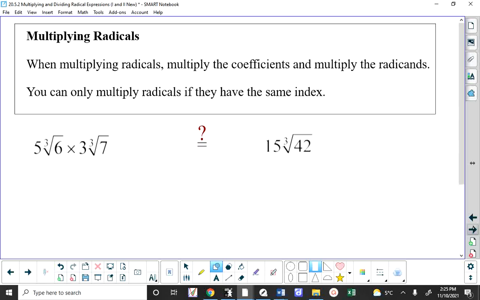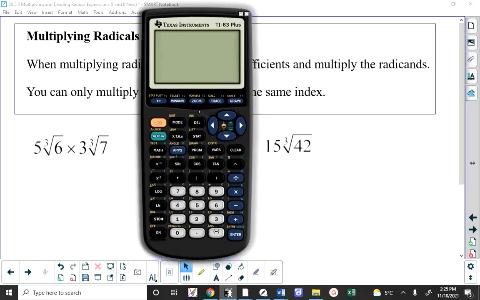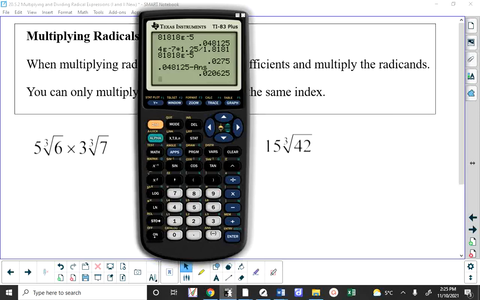Now, I don't want to get bogged down into a whole bunch of calculator work, but you do have on your graphing calculator a cube root function. It's kind of buried a little bit. If I want to take 5 times the cube root of 6, I go 5, then I hit the math key, and I scroll down to option 4 on my calculator. This looks horrible.